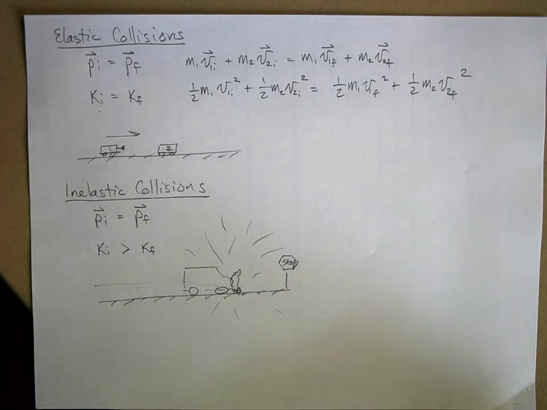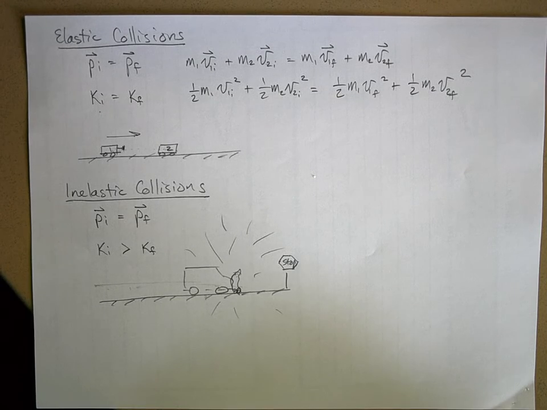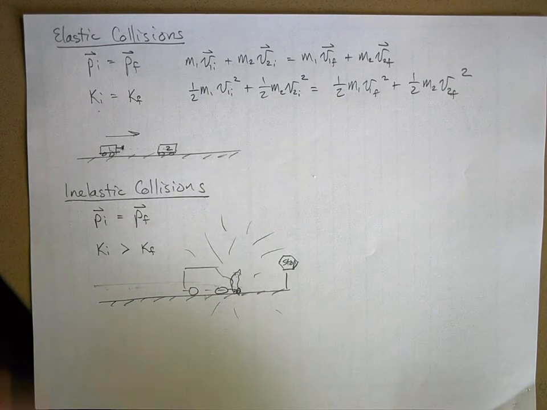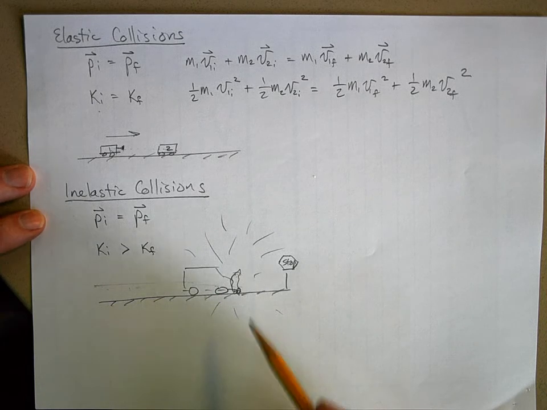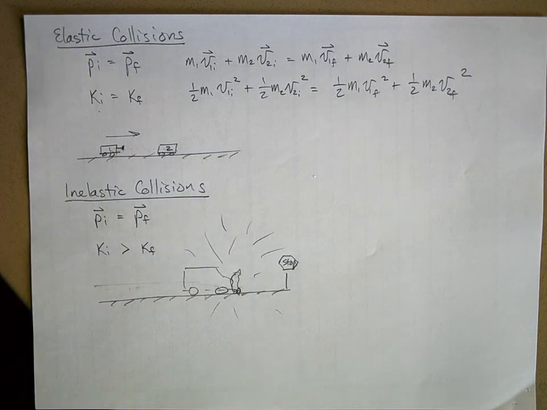When that happens, you have lost the maximum possible amount of kinetic energy, and that's called a perfectly inelastic collision. Now, what you're going to be asked to do in an inelastic collision is to find out how much kinetic energy was lost.